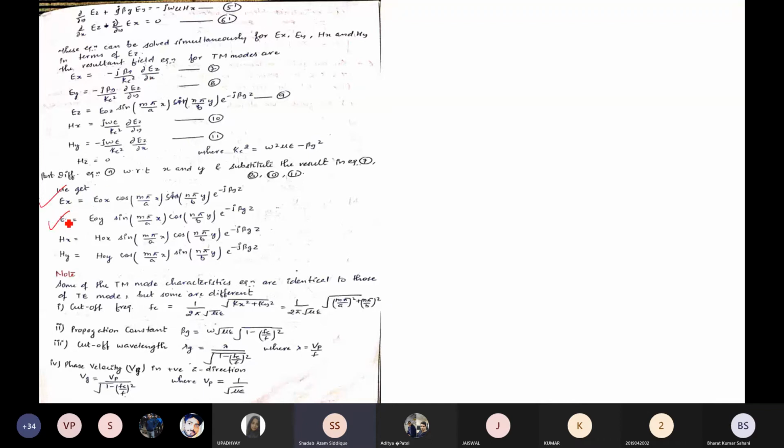After substituting, we'll get Ex, Ey, Hx, Hy, and we already have the Ez component, and Hz, which is equal to 0. So that is the equation which we have.